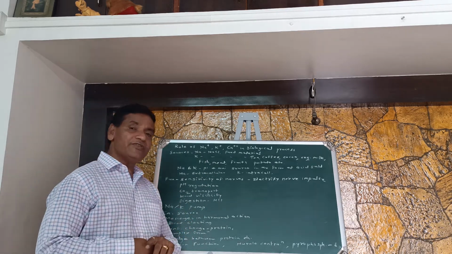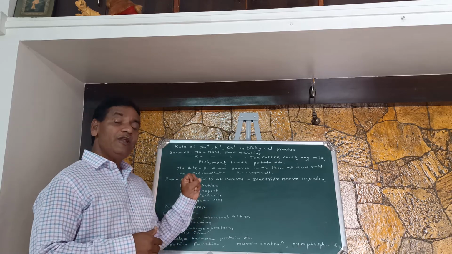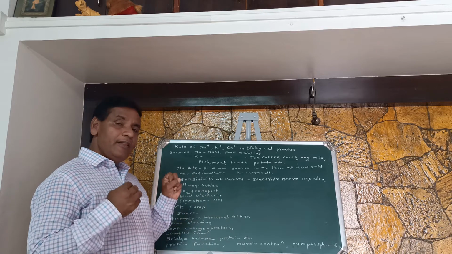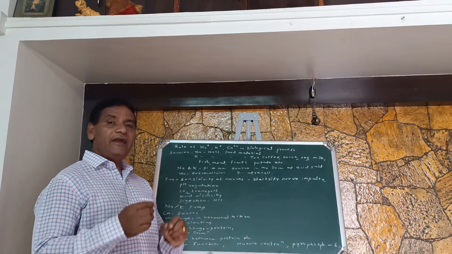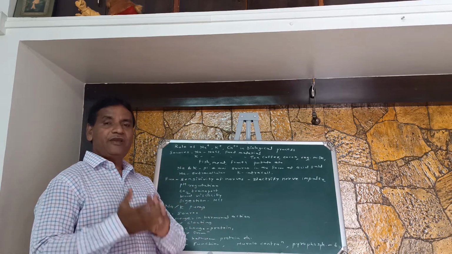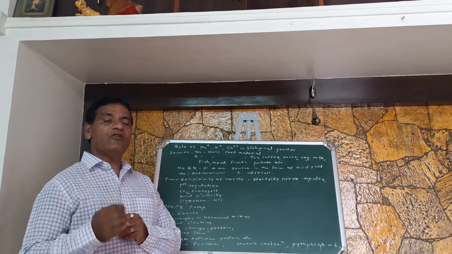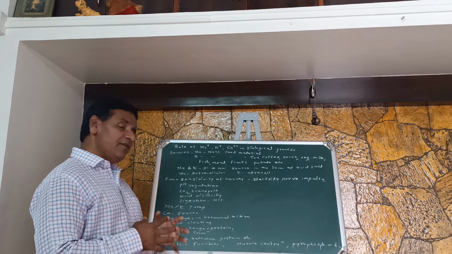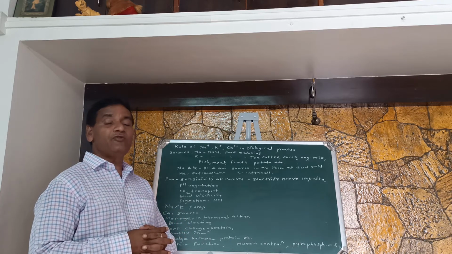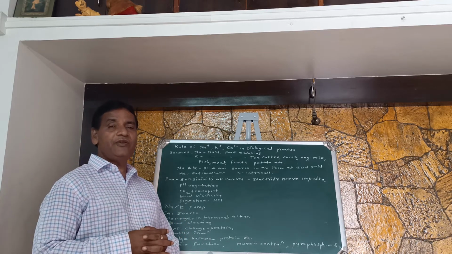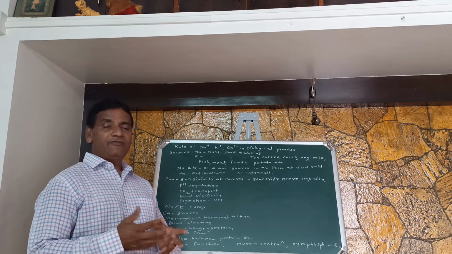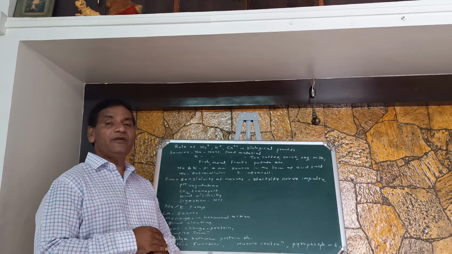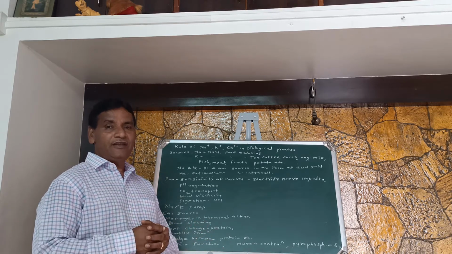The first important function is hormonal action which occurs in our body. For this hormonal action, calcium ions act as a messenger. Second function of calcium is blood clotting. Blood clotting is very important, because after an accident, if there is continuous flow of blood from our body, we can die.